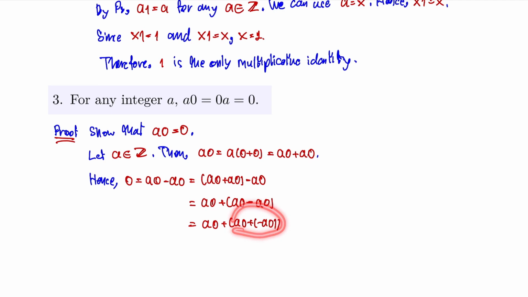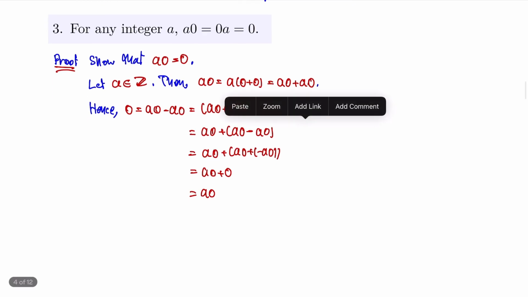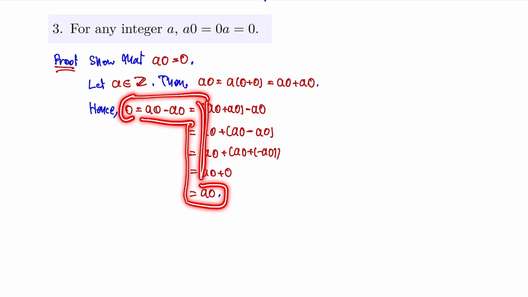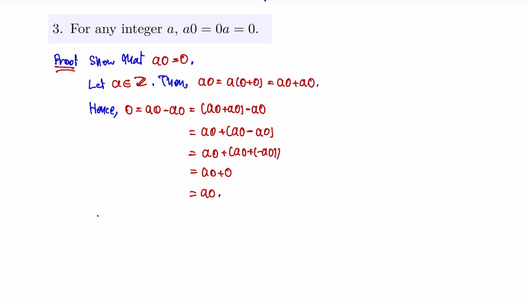This one becomes 0. So we have a0 plus 0 equals a0. So a0 equals 0.